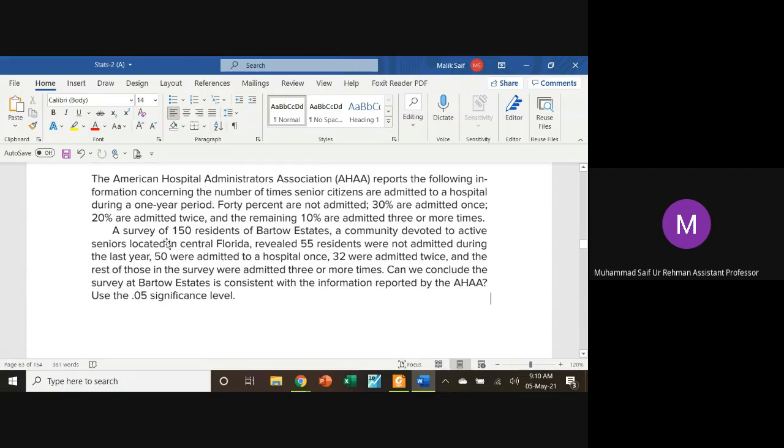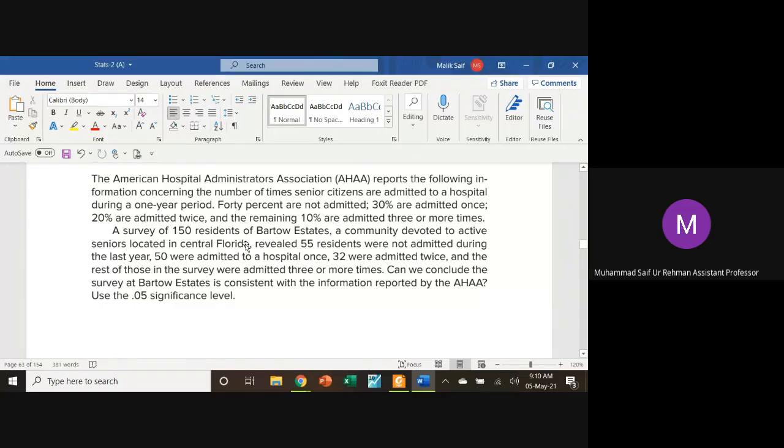And definitely these are the sample values. A survey of 150 residents, so 150 is the sample size. So out of 150 now, he's talking about different seniors who were admitted in the hospitals and who were never admitted, and so on. So based on this information, that is the sample information, we want to confirm whether what we are saying about the population is correct or not.